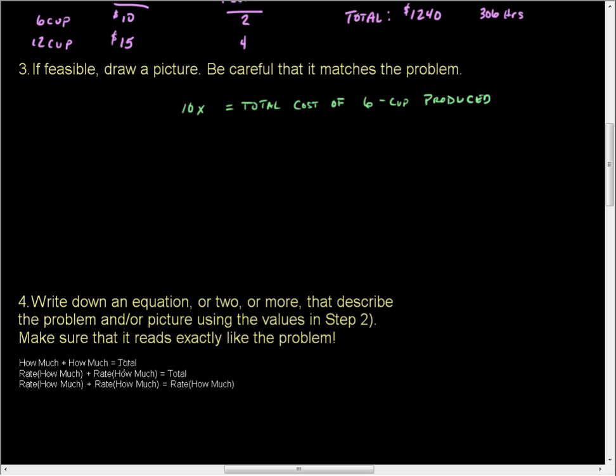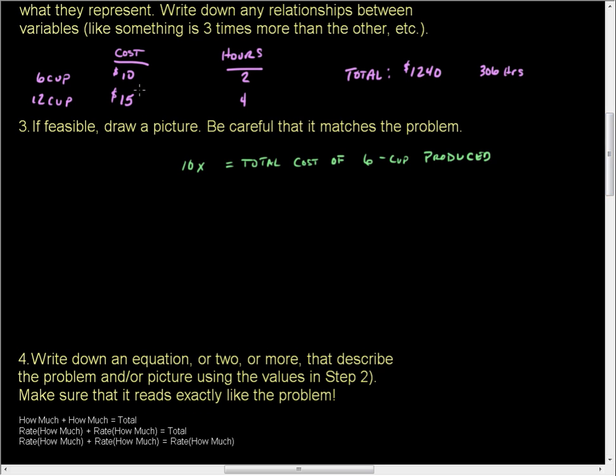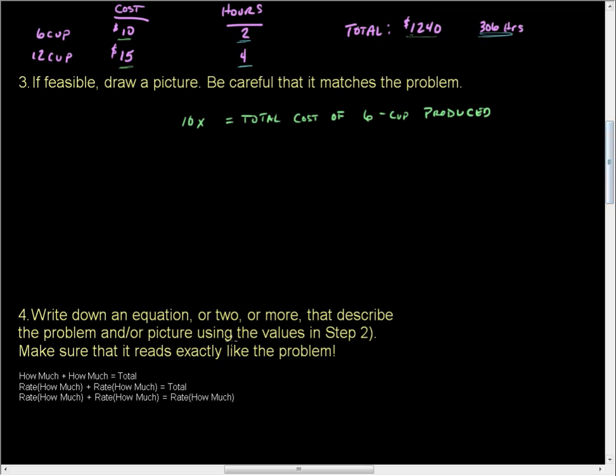How much plus how much is a total? In our case, we have two rates here. We have a rate of cost for each item and then a total cost. We then have a rate of number of hours produced and then a total number of hours used. So we're actually going to use the second one twice.